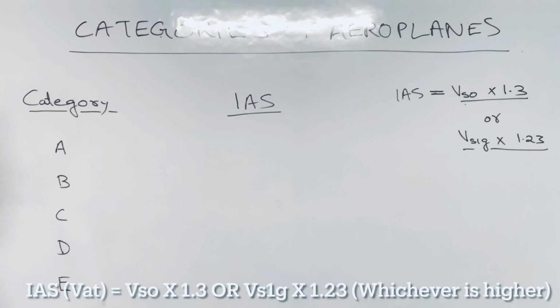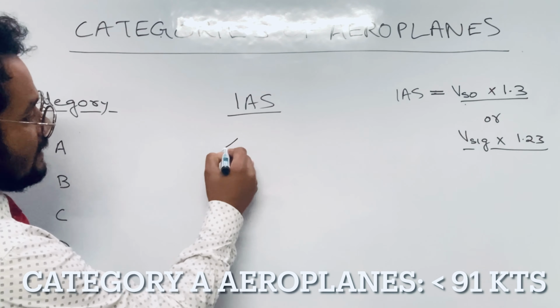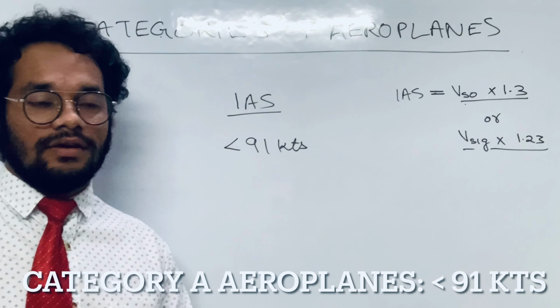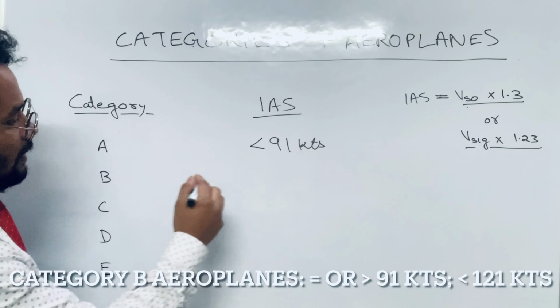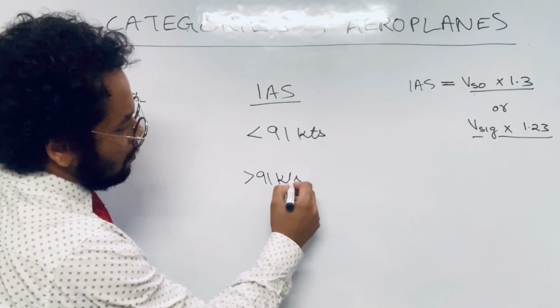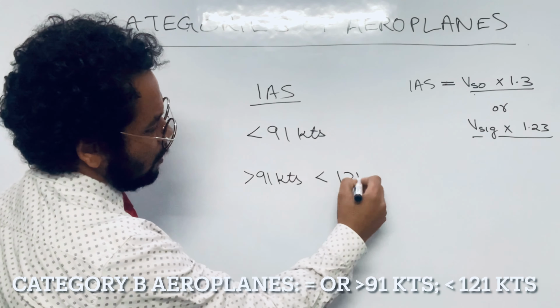So for category A, what will be the value of IAS? It is less than 91 knots. For category B, it is greater than 91 knots but less than 121 knots.